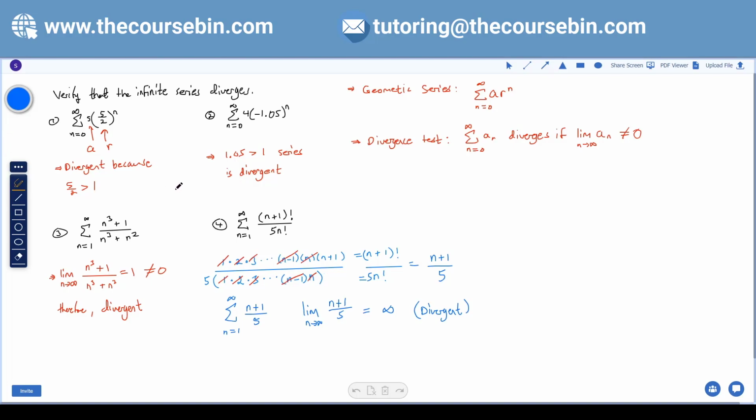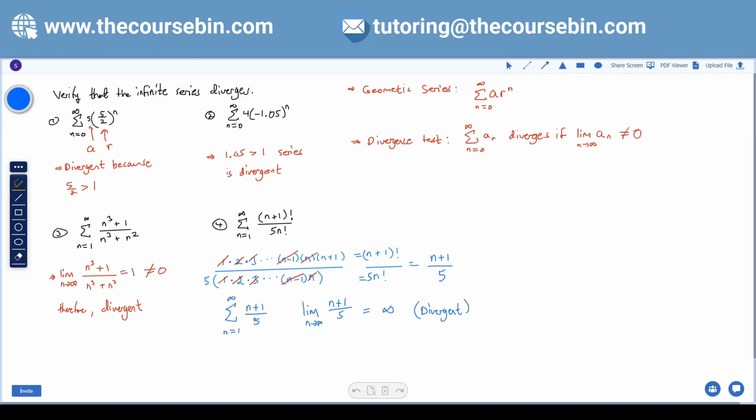So I think that's good enough practice. Now let's take a look at some tests that you can use. Aside from the divergence test, there are a bunch of other tests that you can use to check whether the series converges or diverges. Am I going to need alternating series or the harmonic series?